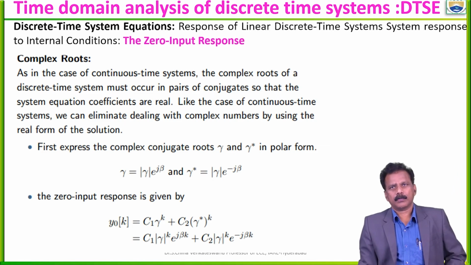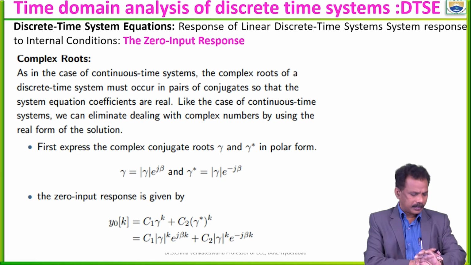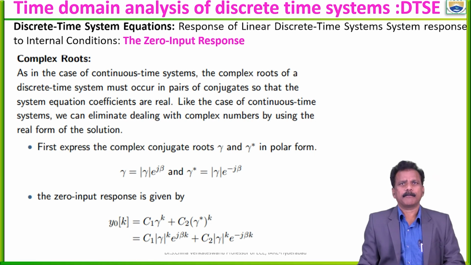The zero input response based on complex roots: as in the case of the continuous time system, the complex roots of a discrete time system must occur in conjugate pairs so that we get the real form of the solution.